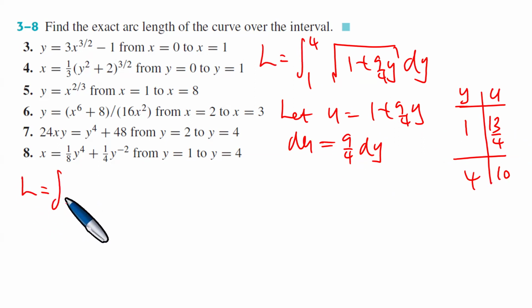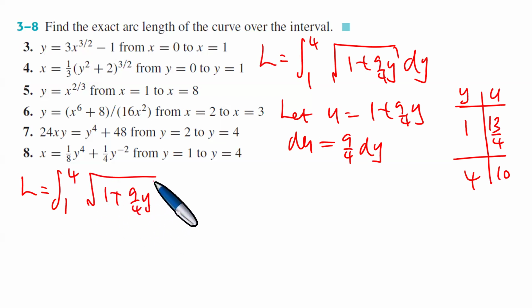Therefore, now you perform the integral from 1 to 4 of the square root of 1 plus 9 out of 4 y dy. This is the same as integrating from 13 quarters to 10, u, dy.